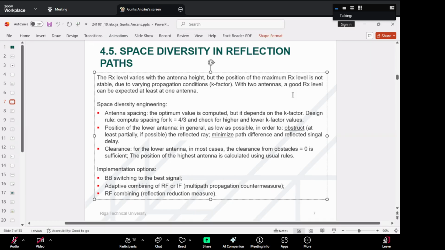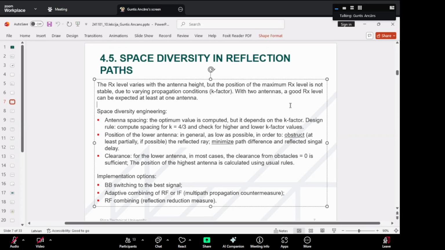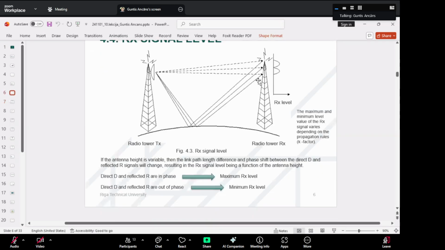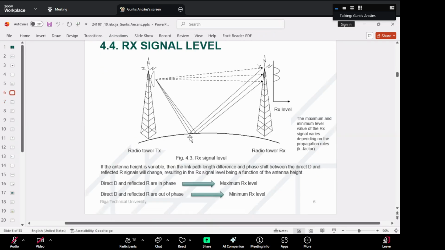Therefore it's preferable to have even more than one receiving antenna. Like in this picture, we see that due to different K factor values, the signal propagates a bit differently.